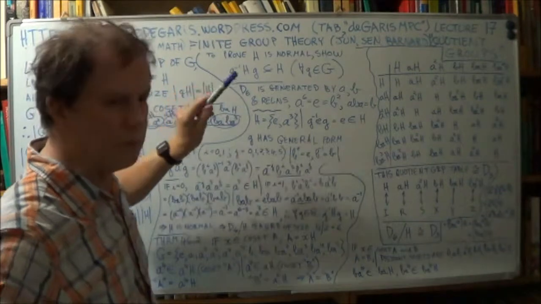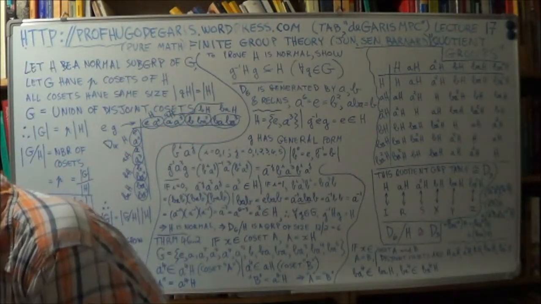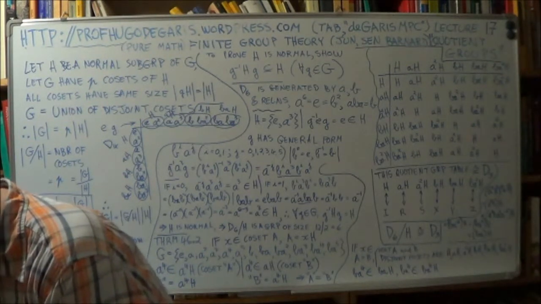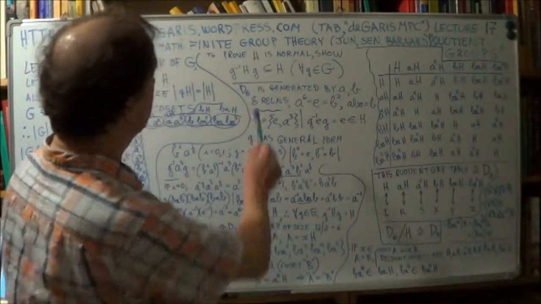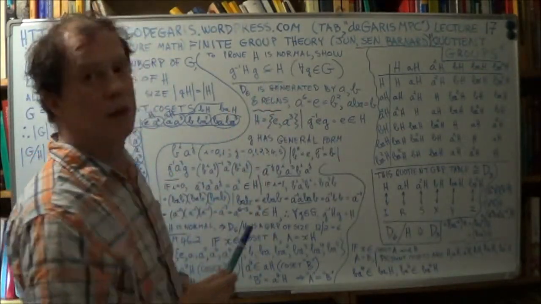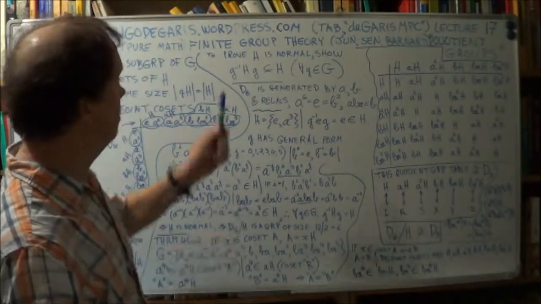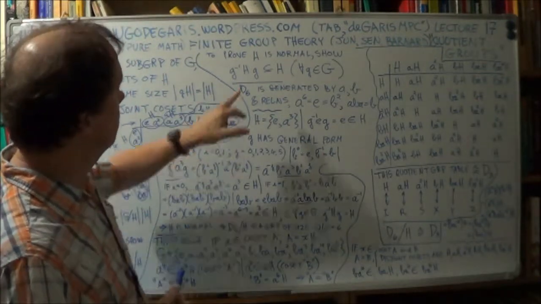But from the theorem, what was it? 59? Is that correct? Hold on. Yeah. From theorem 59, if this is true, then this is actually equal to that. So let's just use this one.